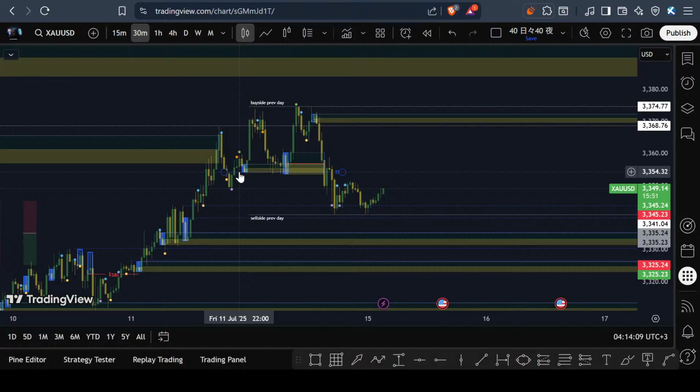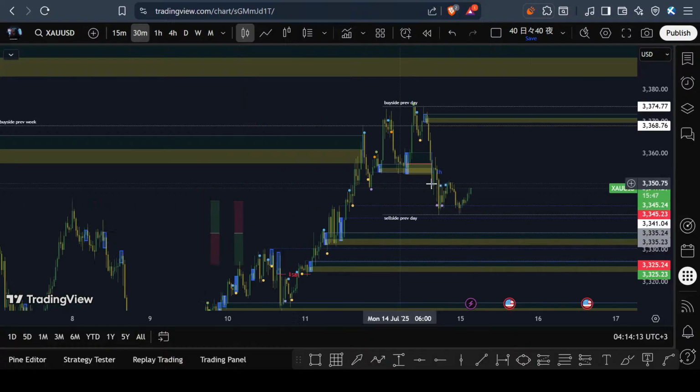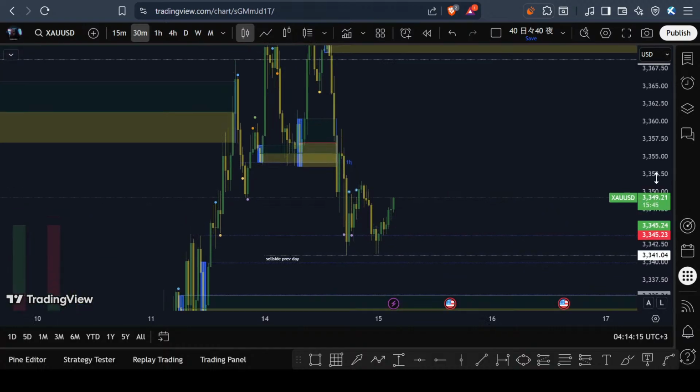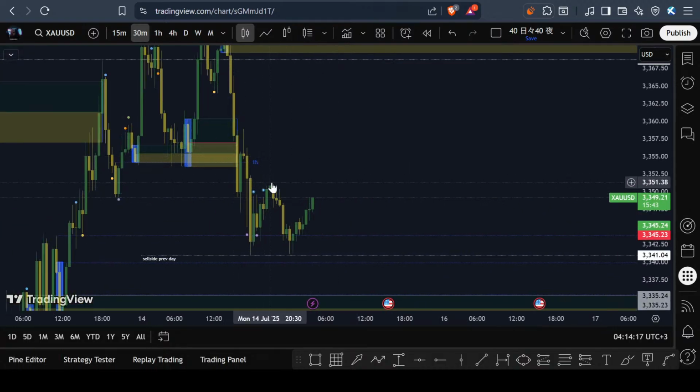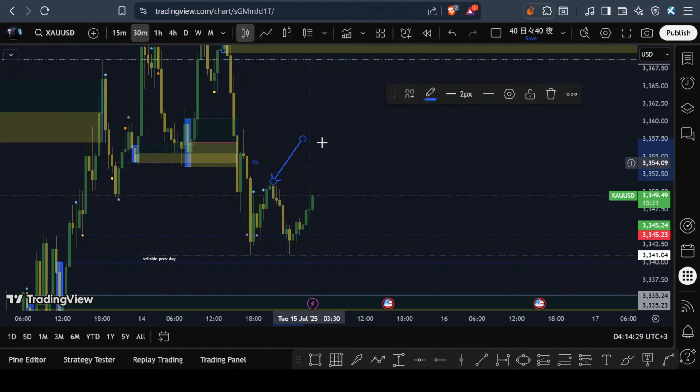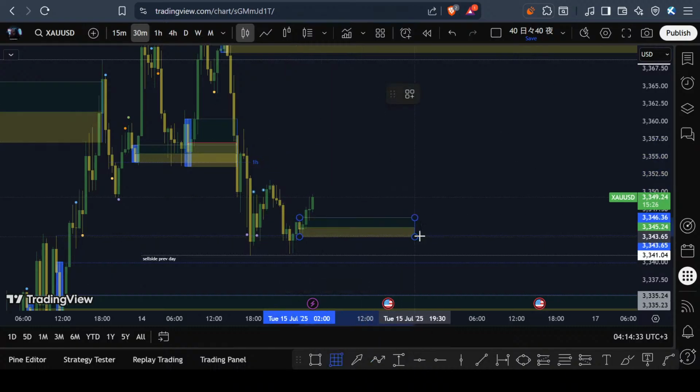Alright, 30 minutes, there's pretty much nothing really going on. What I'm seeing here is we are seeing these highs here. When price takes these highs, here, we are going to get this demand here forming.